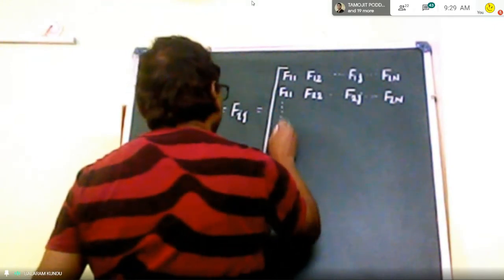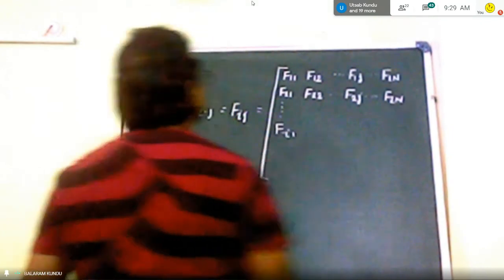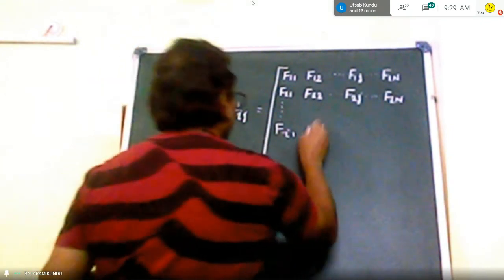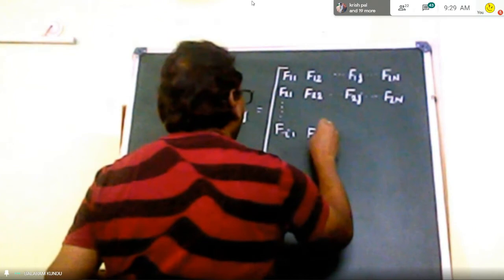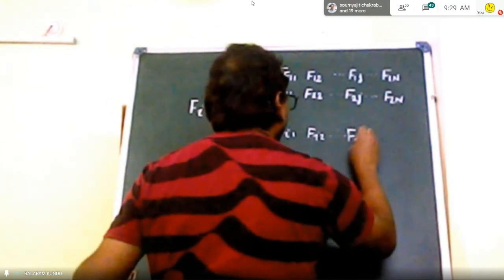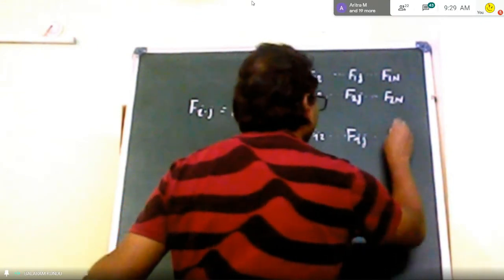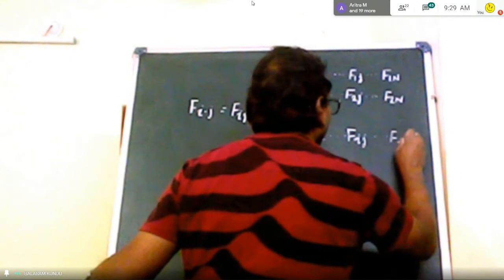So F of i 1, F of i 2, dot dot dot, F of i j, F of i n.